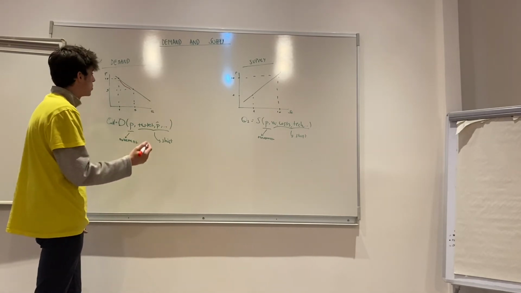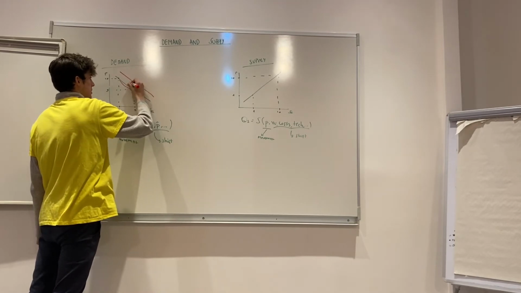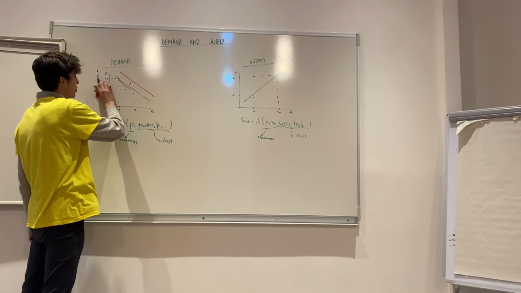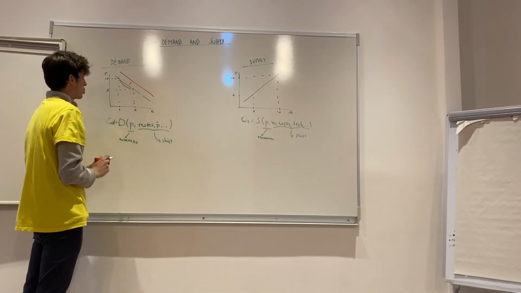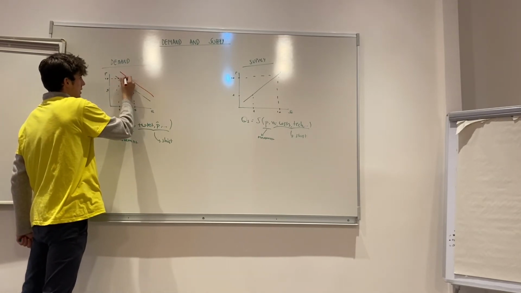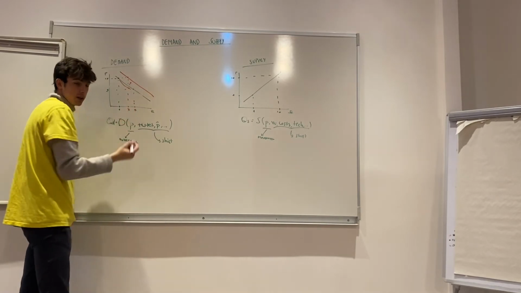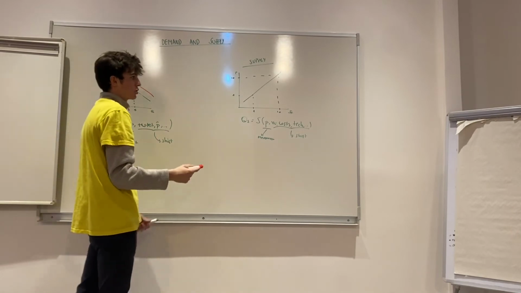Well, in this case, the demand is going to shift up because there's more demand all of a sudden. And for the same price, people will be willing to pay to get more quantity. So here for price 10, people will want to get 3 instead of 1. So that's the concept of a shift.